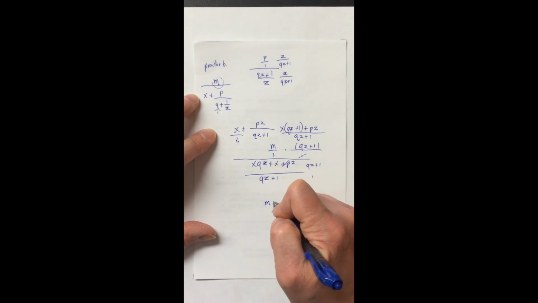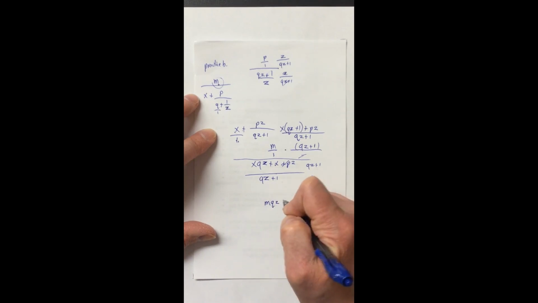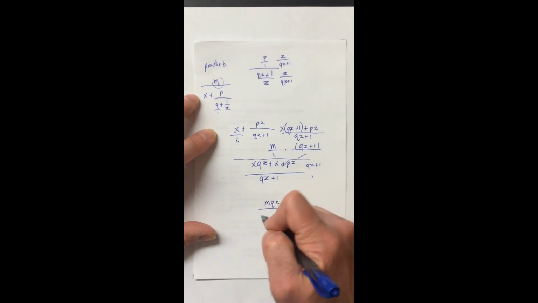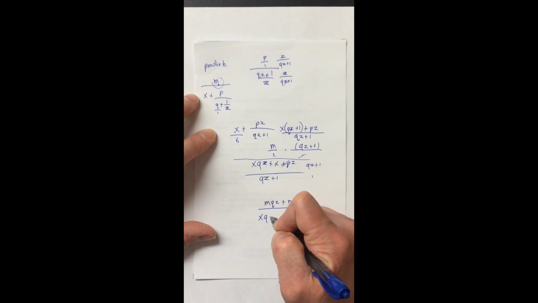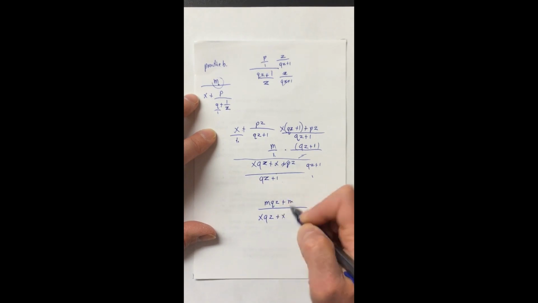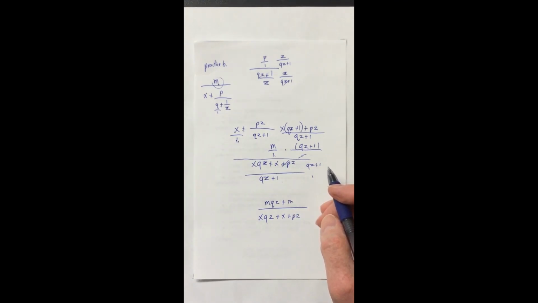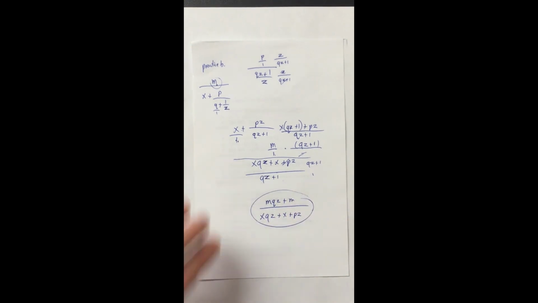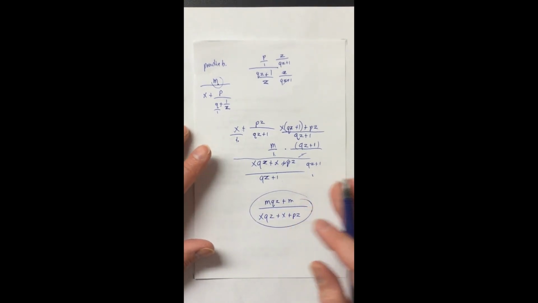M, zqz plus m. There's my top, and then 1 times what's here doesn't change that at all, so I'll write that out. xqz plus x plus pz. And that there is my answer for practice problem B.